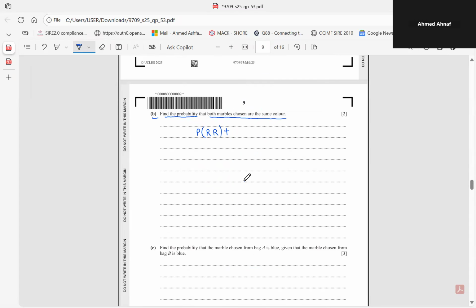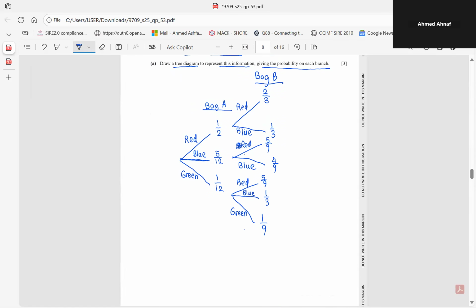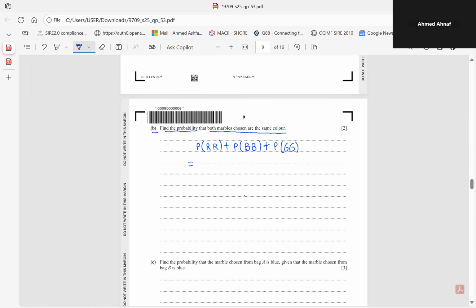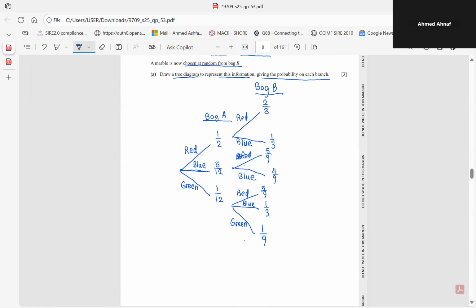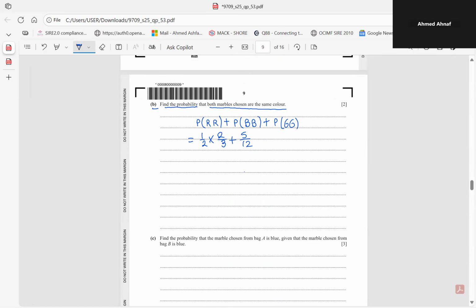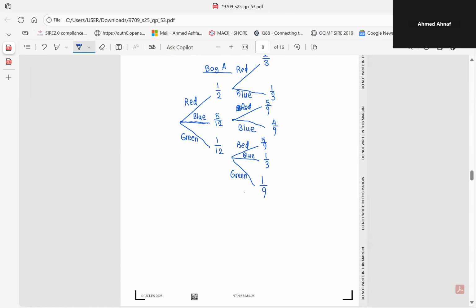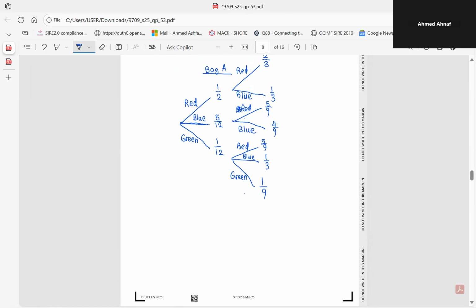For red red, it's just 1/2 times 2/3, plus blue blue, which is 5 over 12 times 4 over 9, plus green green, which is 1 over 12 times 1 over 9.